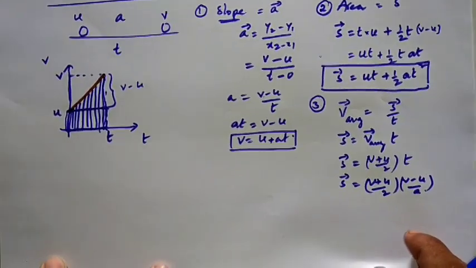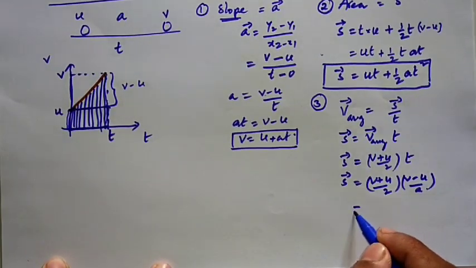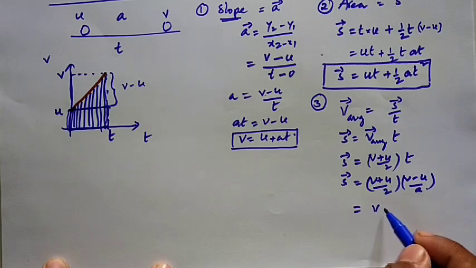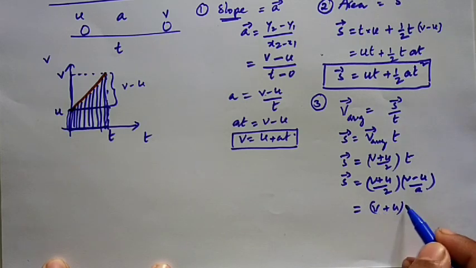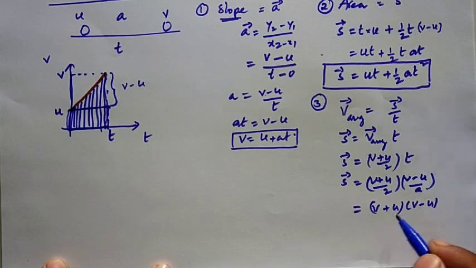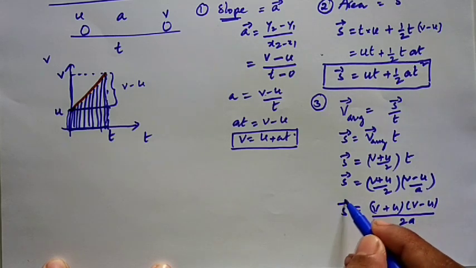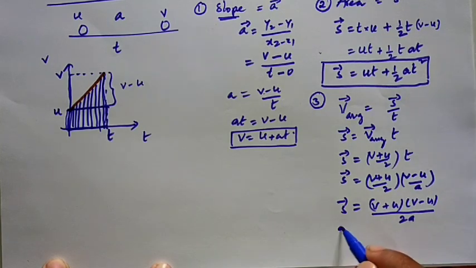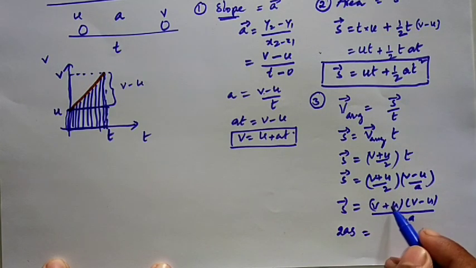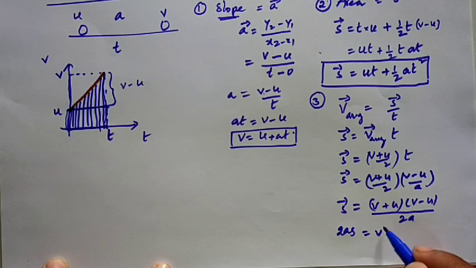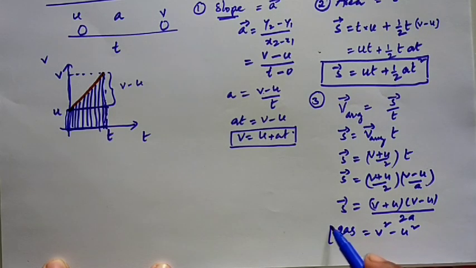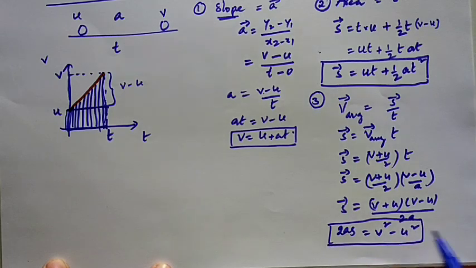Now that is equal to (v plus u) into (v minus u) by 2a, which is our displacement. Now do cross multiplication. 2as is equal to (a plus b) into (a minus b), which is a squared minus b squared, that is v squared minus u squared. So this is our third equation of motion. How simple! Yes or no?